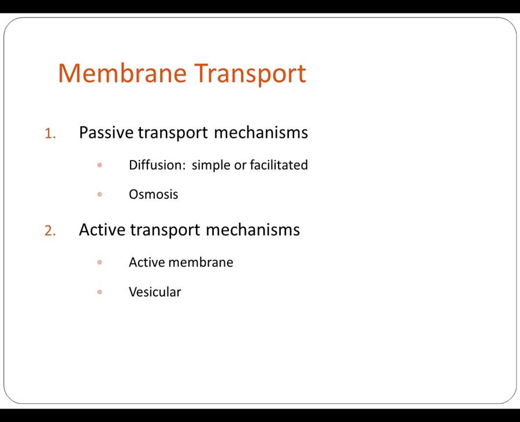If there's a difference, do you think that difference spontaneously happened? No? If there's a difference in molecules between one spot versus another spot across the membrane, it was probably created.